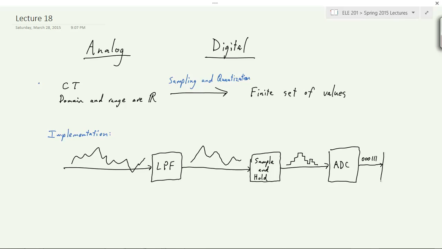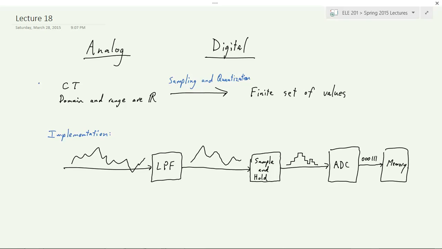Okay, and then you would do something like put this in memory or do some processing with it. I'll just say memory. Even if you're doing something in real time, which means this is the process of going from analog to digital, maybe you're going to do some sort of signal processing, and then you're going to bring it back to analog. Even that is going to require some sort of memory.